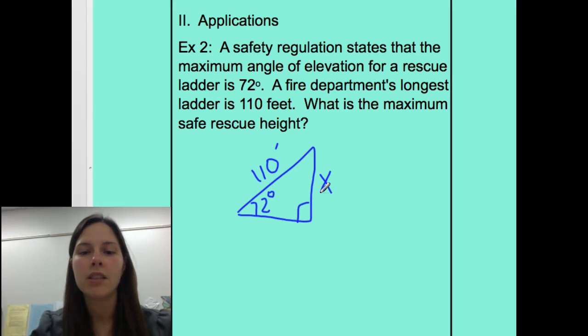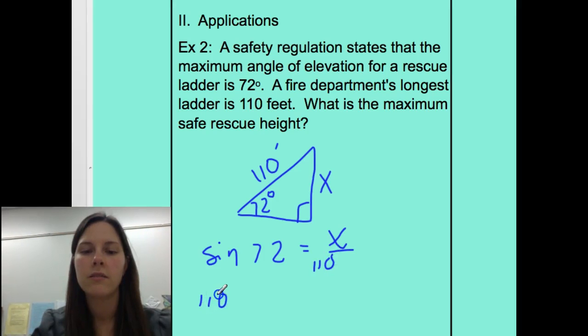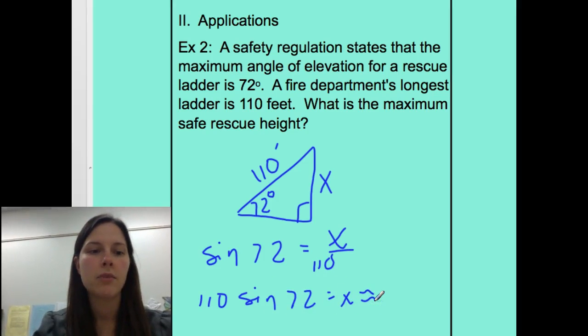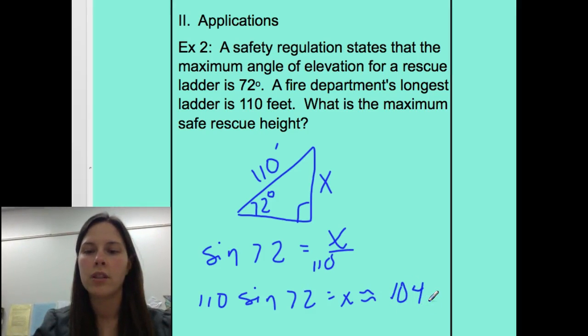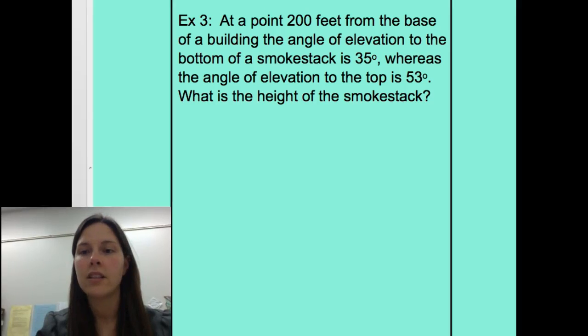We're looking for the opposite, so we're going to set up sine of 72 equals opposite over hypotenuse, multiplying both sides by 110. And I got an approximate safe rescue height of 104.616 feet.